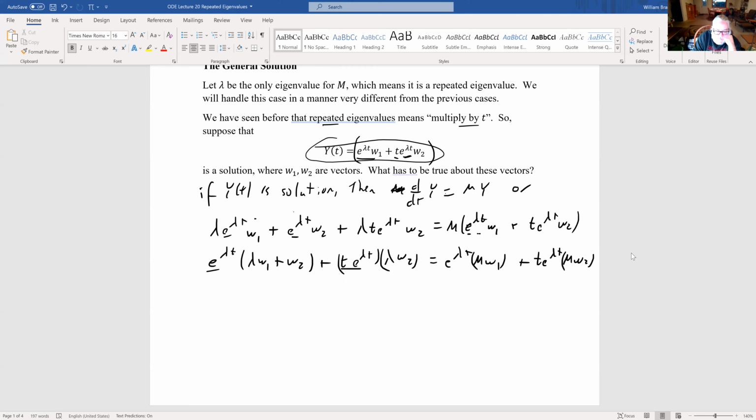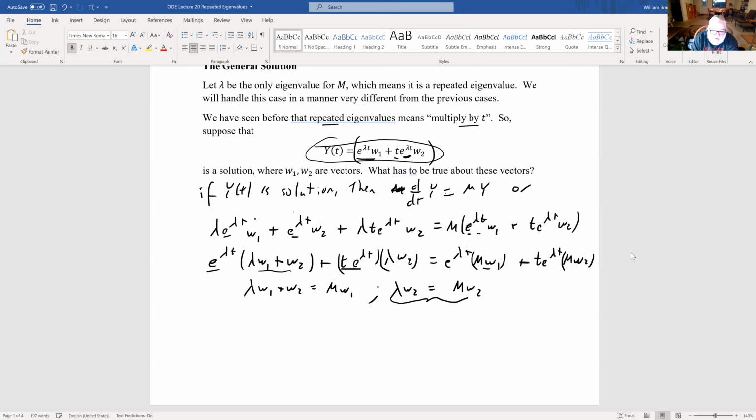If I match the coefficients on e to the lambda t, I get lambda w1 plus w2 equals m w1. If I match the coefficients on t e to lambda t, I get lambda w2 equals m w2.